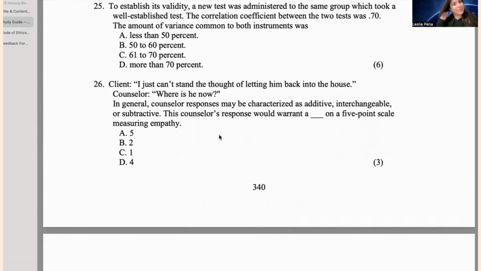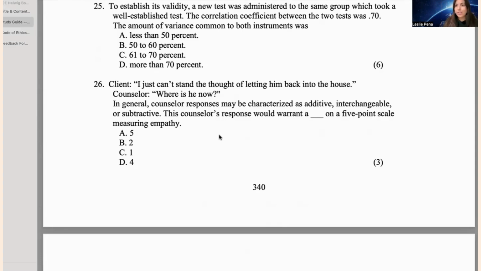Next, 26. Client: I just can't stand the thought of letting him back into the house. Counselor: Where is he now? So in general, counselors' responses may be characterized as additive, interchangeable, or subtractive. This counselor's response would warrant a blank on a 5-point scale measuring empathy.